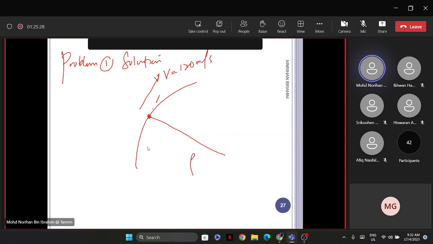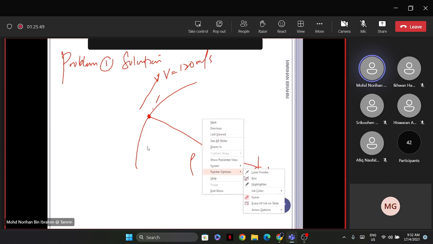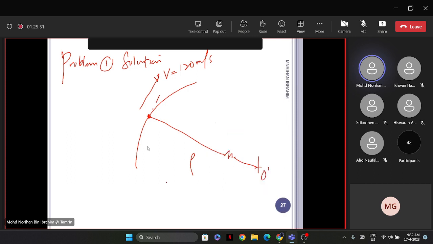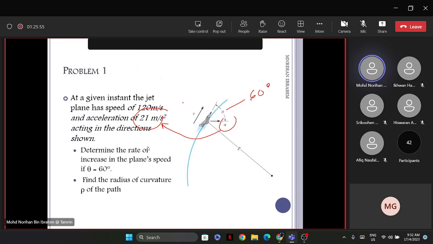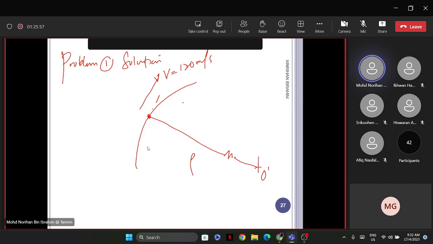This one is rho. So we do not know what is the radius of curvature, and it is given that the magnitude of acceleration is given, which is equal to 21 meter per second square.